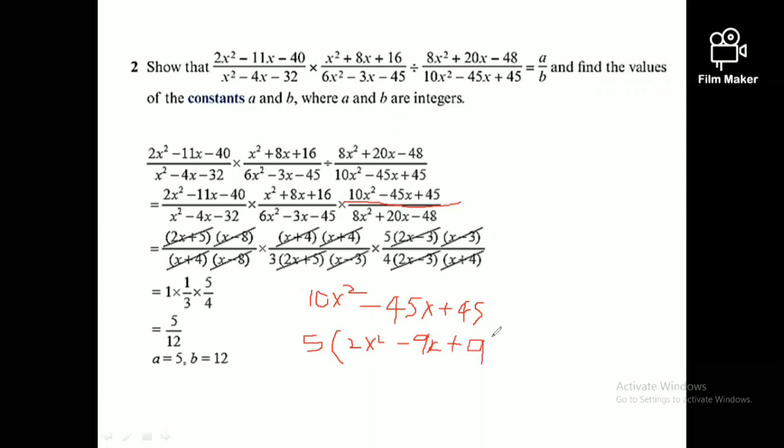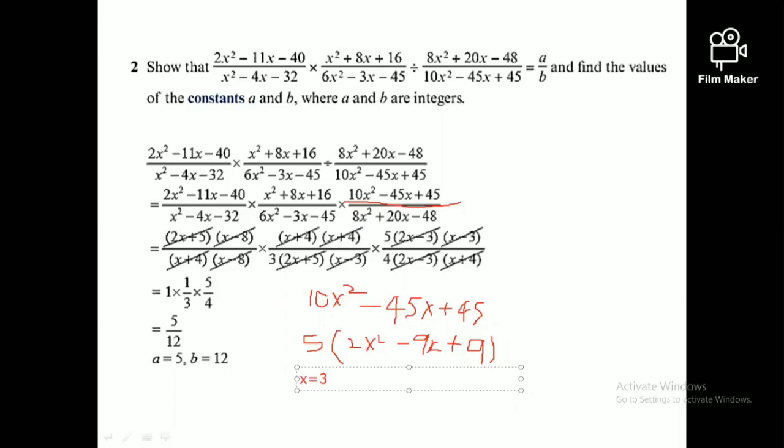Then if you substitute into the calculator, you will obtain these answers. Then how to do this factorizing? If you work out this part, you will get x equals 3.